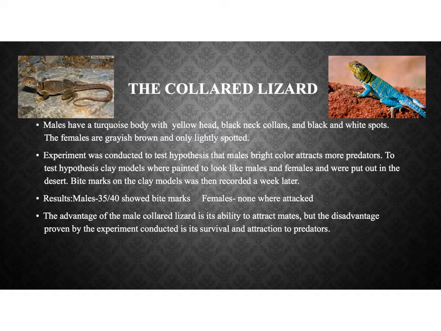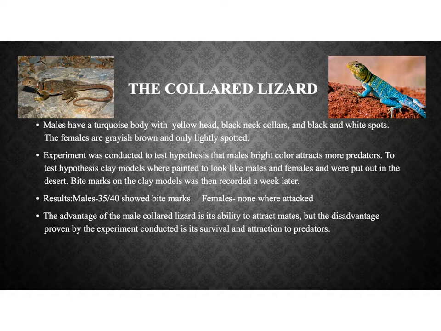The colored lizard. Males have a turquoise body with yellow head, black neck collars, and black and white spots. The females are grayish brown and only lightly spotted. An experiment was conducted to test the hypothesis that males' bright color attracts more predators. To test the hypothesis, clay models were painted to look like males and females and were put out in the desert.